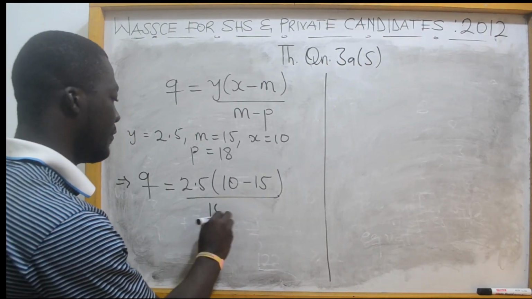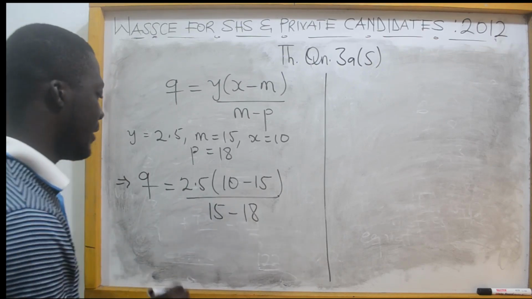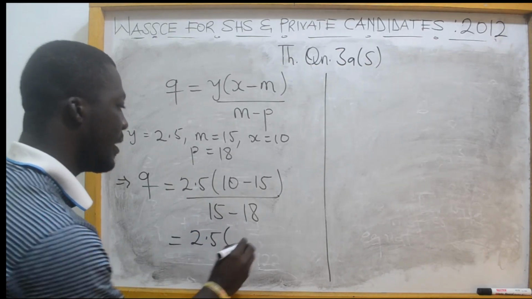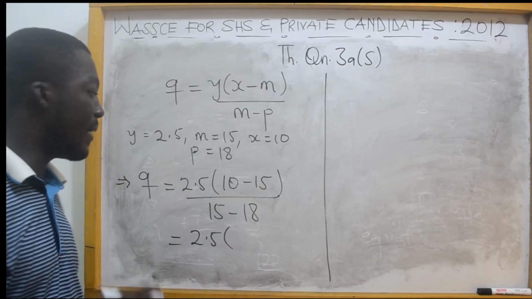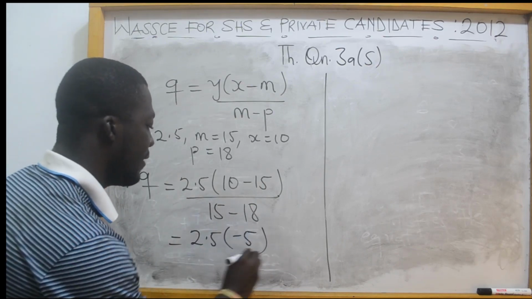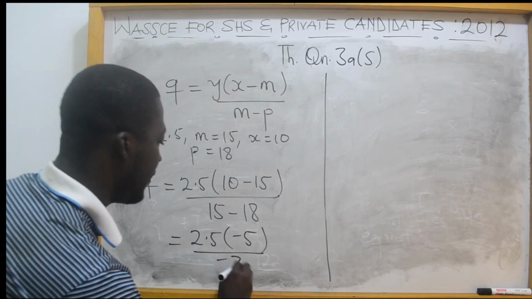M is as well 15 here, minus p is 18. So 2.5 into bracket 10 minus 15 is going to give us negative 5, divided by negative 3.